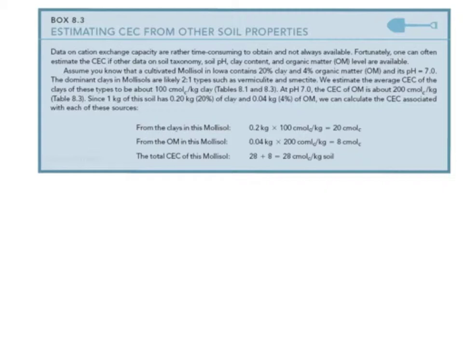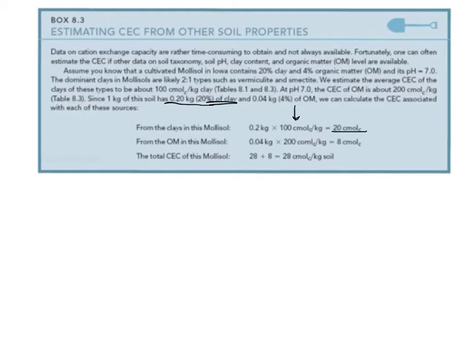I know that 1 kilogram of this kind of clay has 100 centimoles of charge in it, right? So I only have 0.2 kilograms. I don't have a whole kilogram, I just have 20% of a kilogram. Times that 100 centimoles gives you 20 centimoles of charge from the clay in the mollisol, from the vermiculite and the smectite in the mollisol. So that's one part of it.